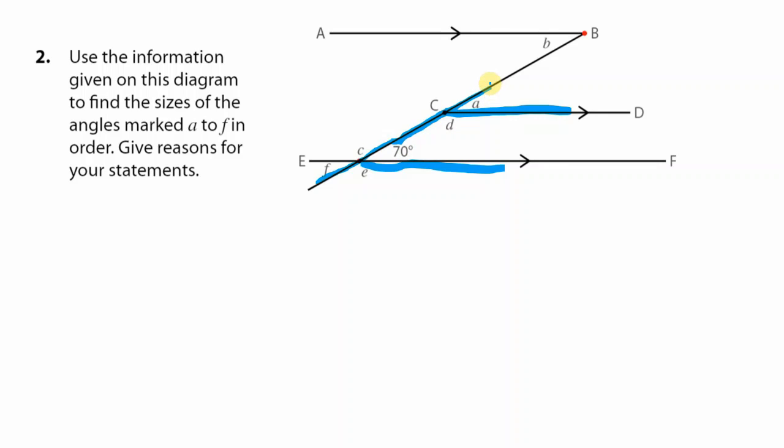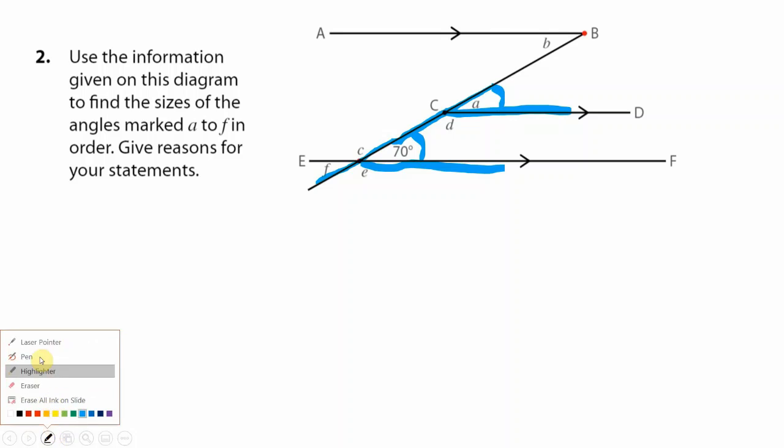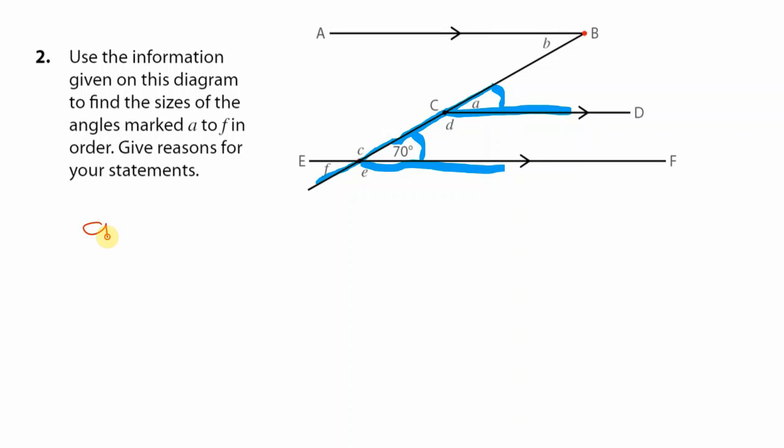So in fact, this angle A is equal to angle with size 70 degrees. So our statement is firstly A equals 70 degrees. The reason for that statement is that it's corresponding angles. So we now know A is in fact 70 degrees.